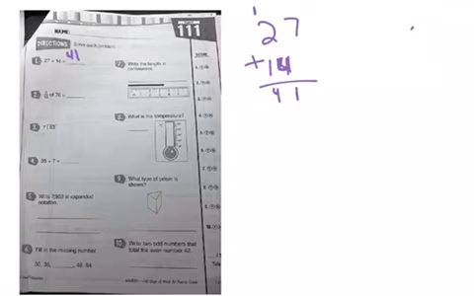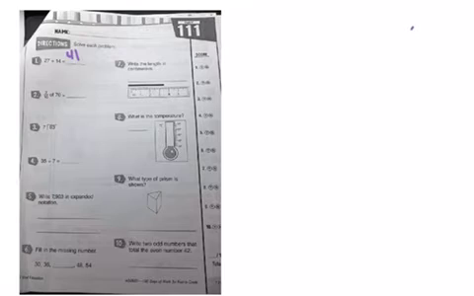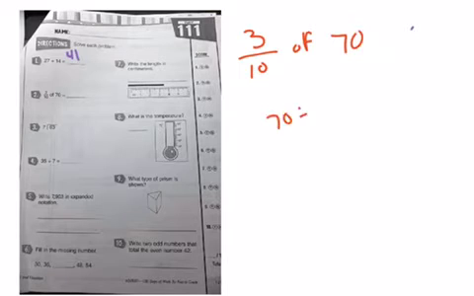All right, let's go on to number 2. 3/10 of 70. In this problem, I'm going to divide 70 by 10. And I got the 10 right here.